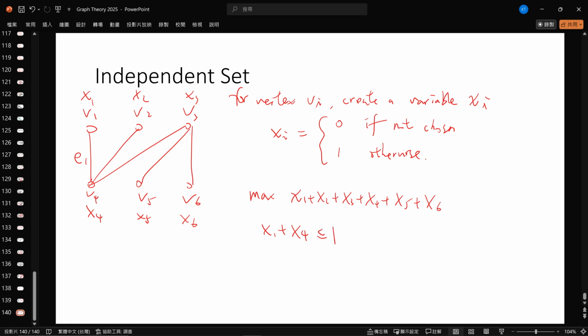If you have this constraint along with the binary constraint, we cannot have both x1 and x4 equal to 1. Otherwise, if both variables are 1, we get 2, and 2 is not less than or equal to 1. So at most one of these variables is 1. This is for E1.